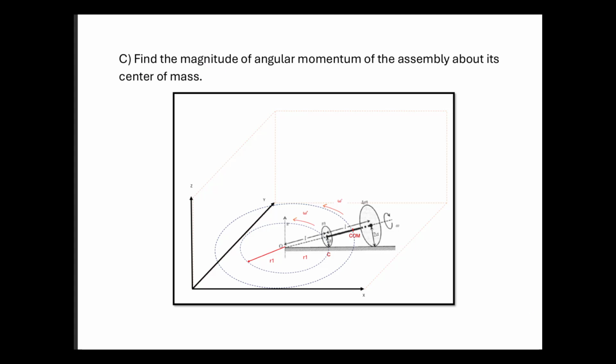The assembly has this small disk, this big disk, and a massless rod which connects the two centers, about its center of mass, which lies at a distance 9L by 5 from O. This spinning motion makes the assembly rotate about the z axis, because it is rotating in the xy plane, and the orbital speed of rotation is omega by 5.